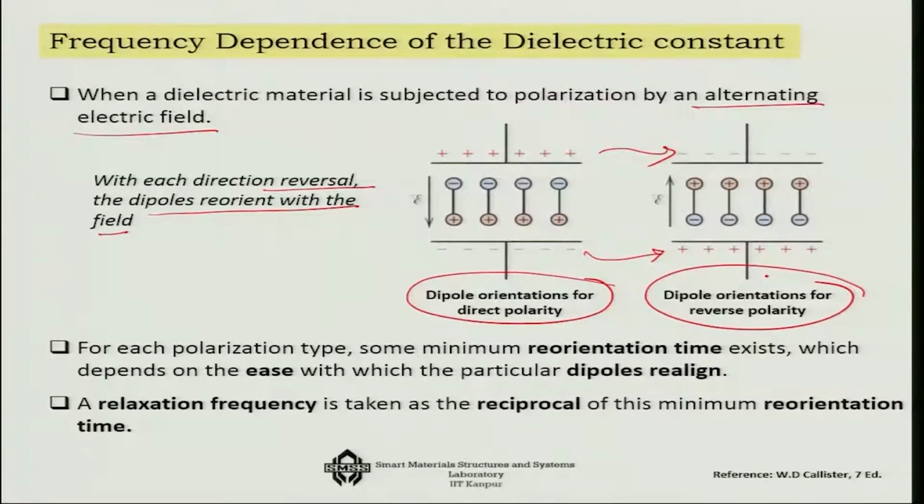For each polarization type, some minimum reorientation time however exists. It cannot happen very fast. So, it all depends on the ease with which the particular dipoles will realign, and how fast it can do so is governed by its relaxation frequency, which is taken as the reciprocal of this minimum reorientation time of the dipole.